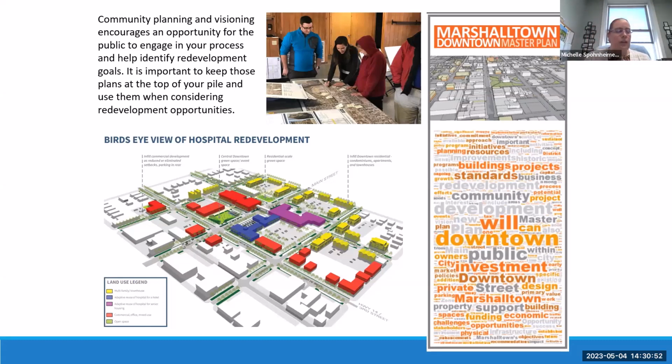So after our tornado event in 2018, we were very fortunate to have a local foundation that granted $100,000 to do a downtown master plan. We were able to leverage those funds to match EDA funding, Economic Development Administration federal funding, for another $100,000.